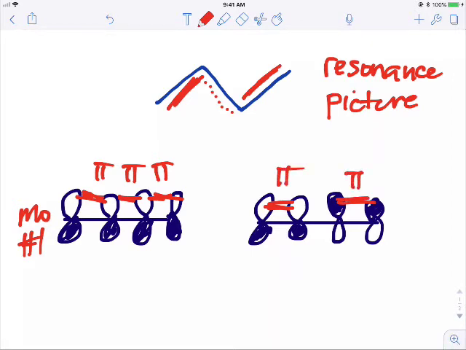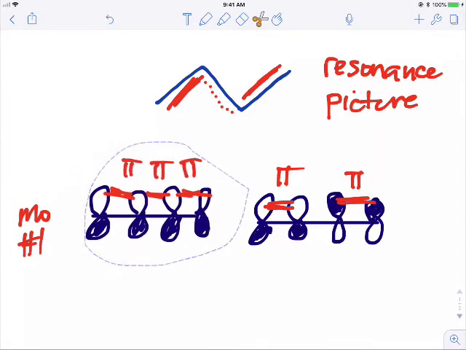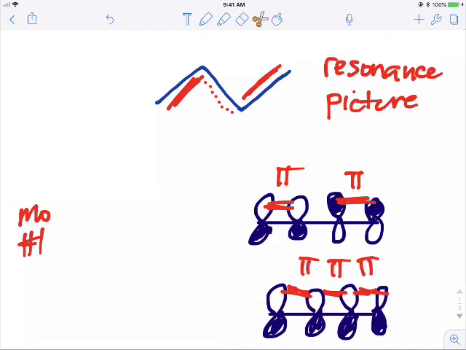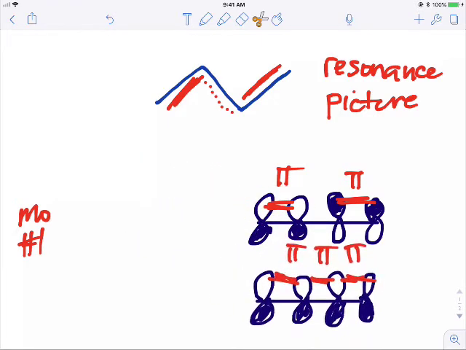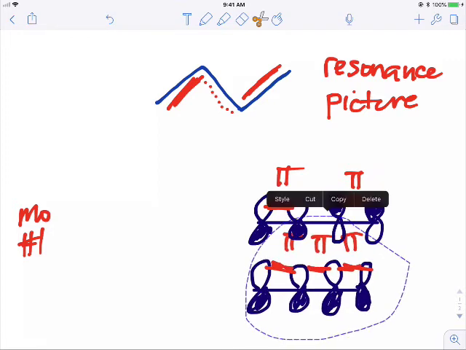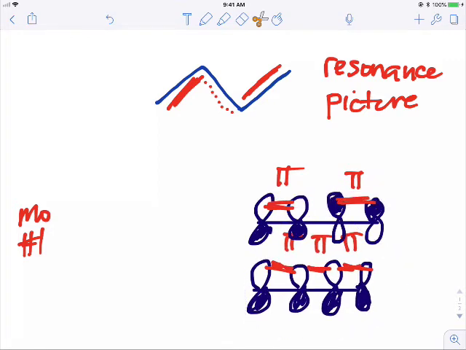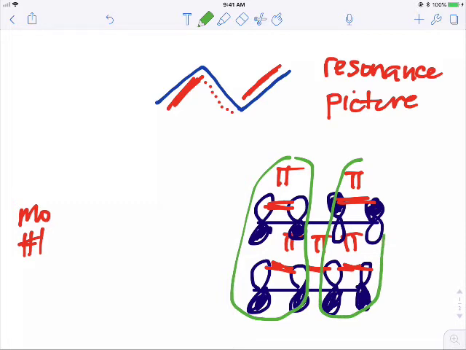So if we combine these two pictures, if we imagine overlapping them together, let's just put them right underneath one another. Where do we have most of our bonding? We have most of our pi character between carbon 1 and 2 and between carbons 3 and 4.